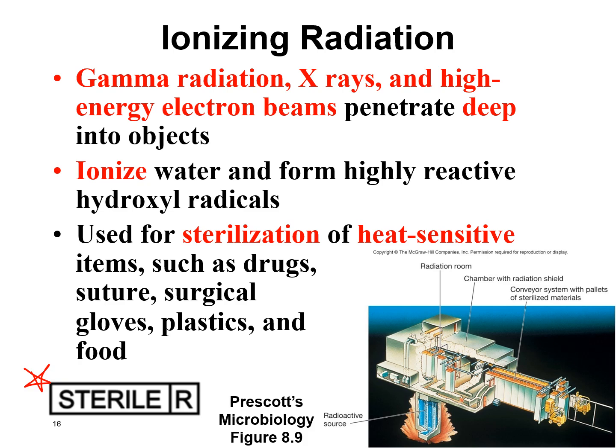Some of the injectable drugs that we use, because you're not heating it up, can be sterilized this way, because if you heat the drug up, you could destroy it. You could denature the drug. Suture material, surgery gloves, plastics. You can even use ionizing radiation on food as well. So there's a lot of things you can use here.